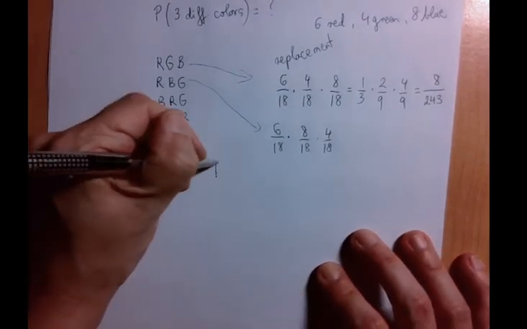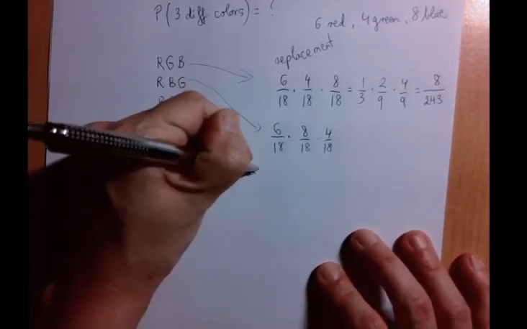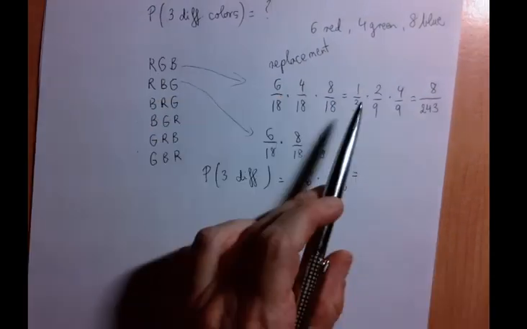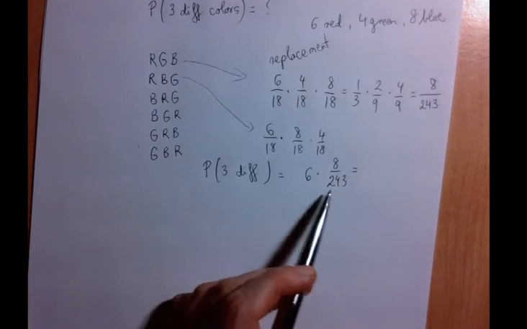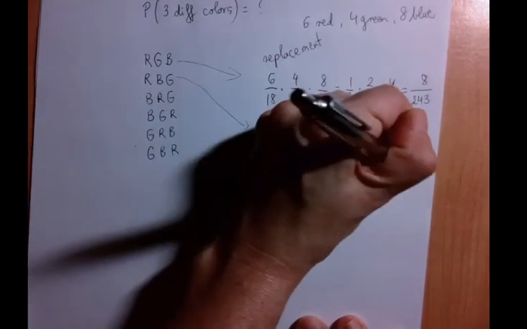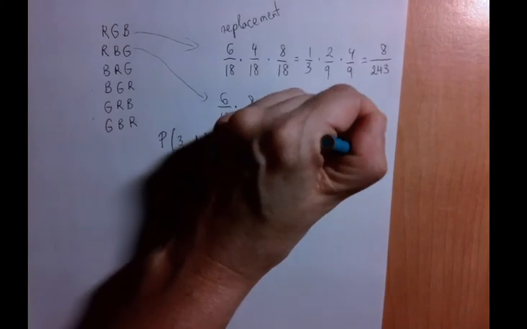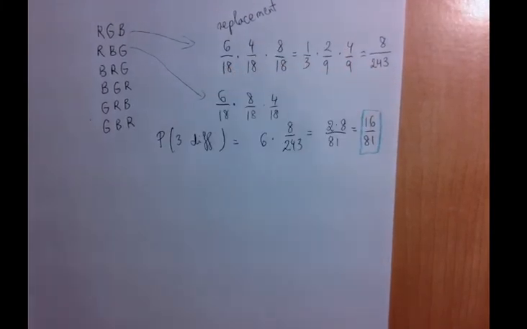So the probability of 3 different colors is 6 times 8 over 243. Remember that there is a lot of 3 in the denominator, so we can cancel out a 3. Then we have 2 times 8 divided by 81, and that's it, 16 over 81. Kind of interesting that both numerator and denominator are squares.